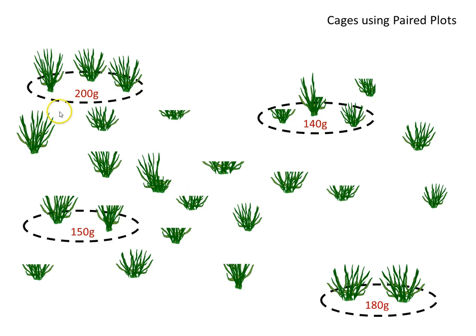So what we see here is in this plot that was caged, we have 200 grams total production compared to the grazed plot in this pair is 140 grams. And in this case, we had 180 grams production in the caged plot compared to 150 grams in the other portion of that pair.